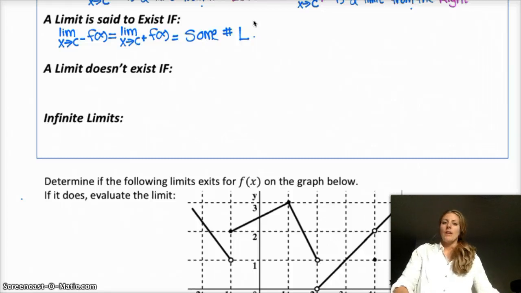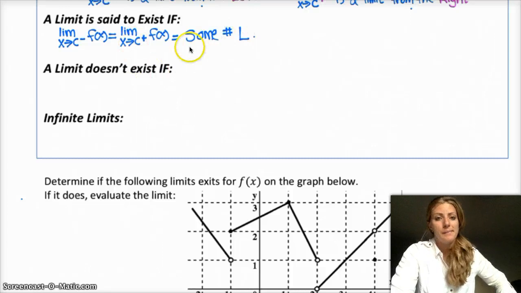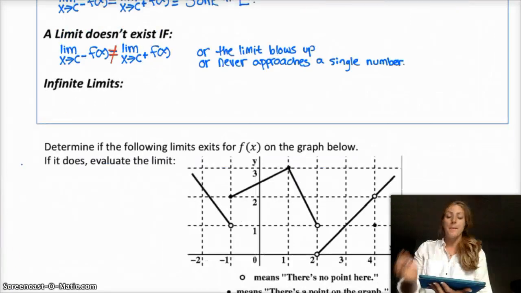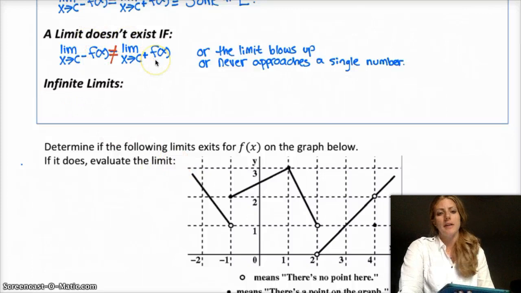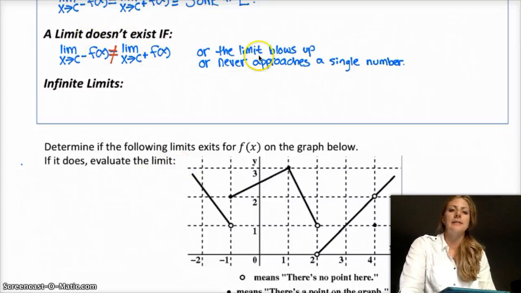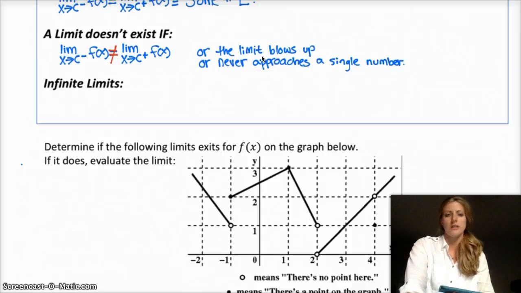A limit doesn't exist if the limit from the left doesn't equal the limit from the right, or it blows up to infinity.